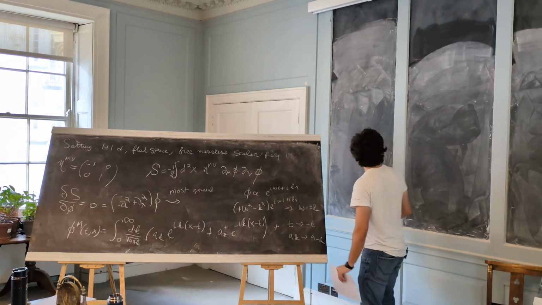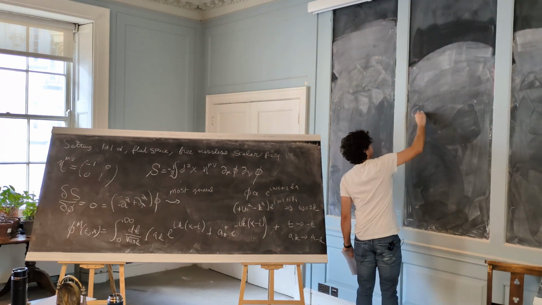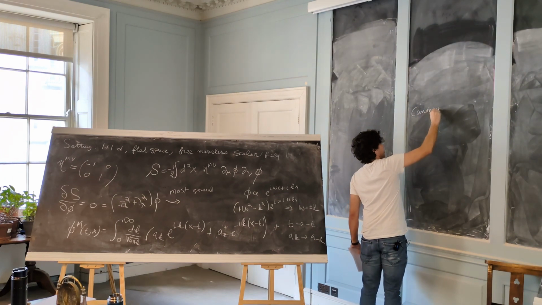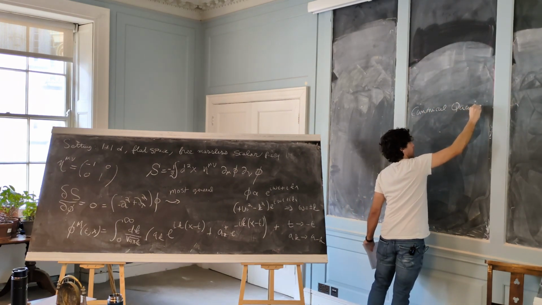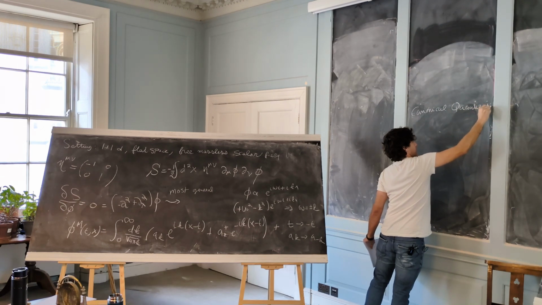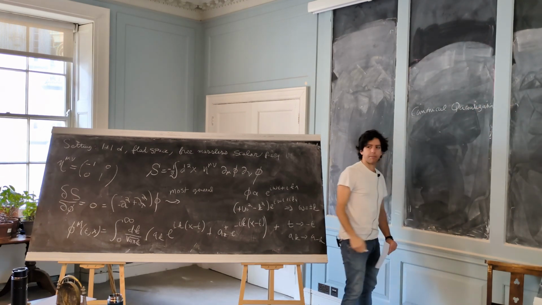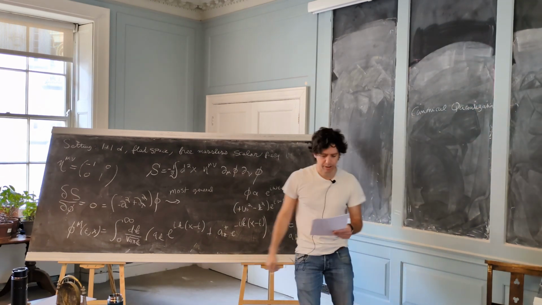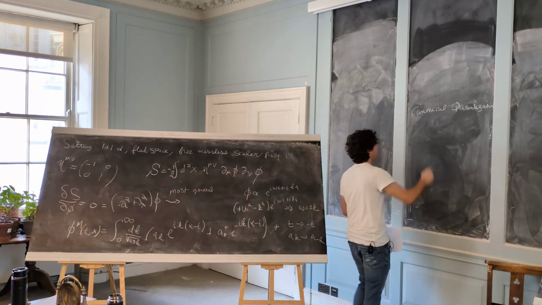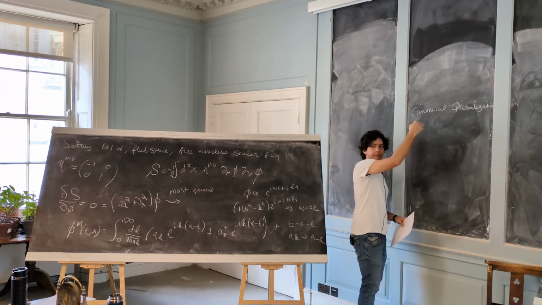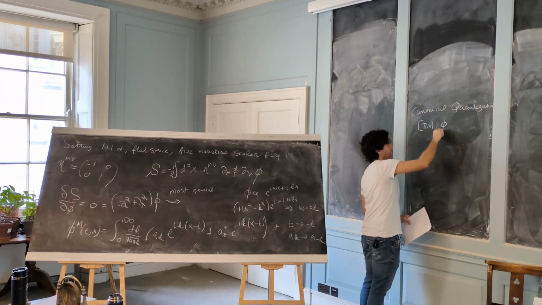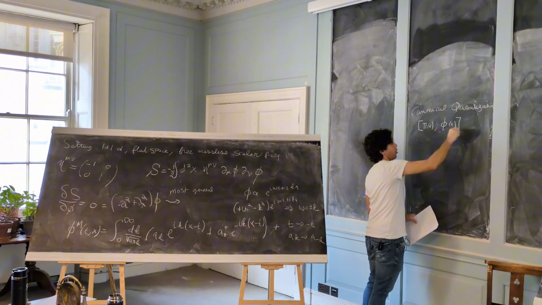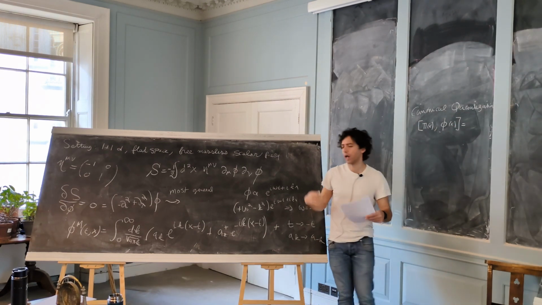So, canonical quantization involves imposing that the canonical momentum and the field pi of x, phi of x, obey the Heisenberg algebra.